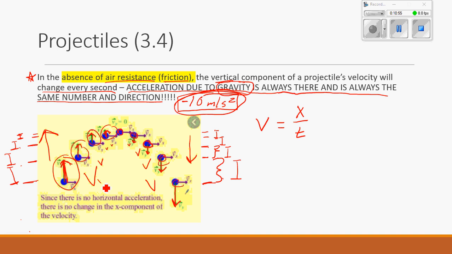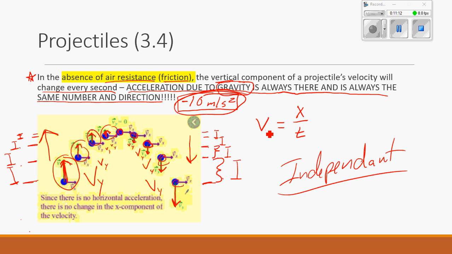And these are all velocities in the y direction. Keep in mind that the y and the x are completely independent of each other. So what I'm talking about here is only the y velocity and how it is changing.